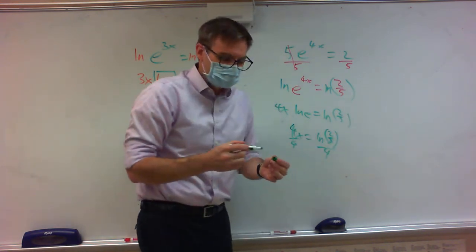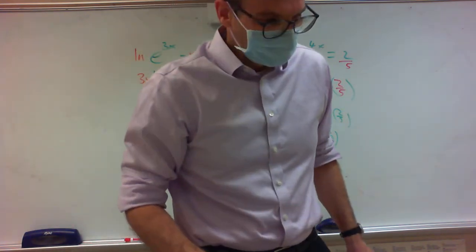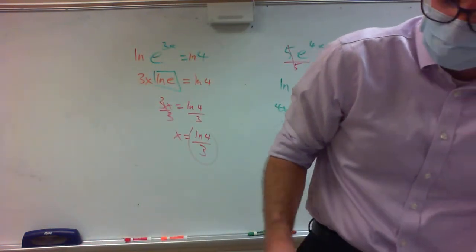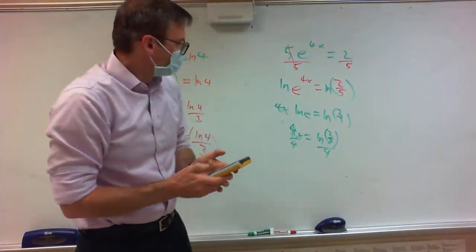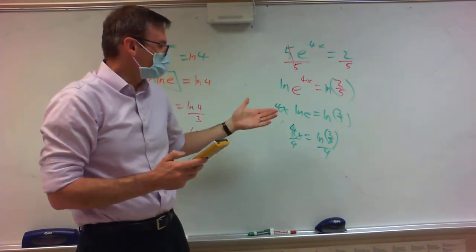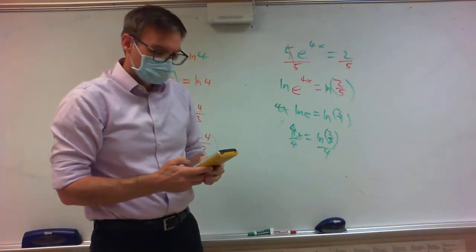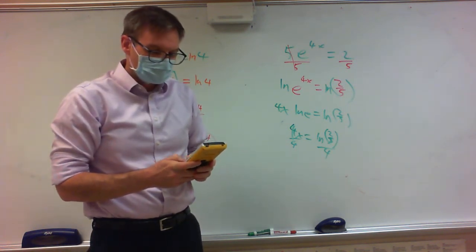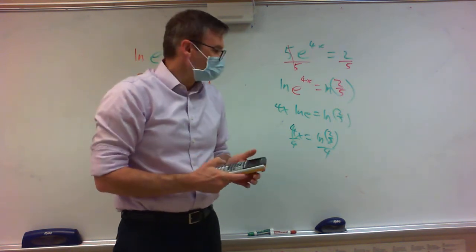Okay, everybody type it in your calculator. I want to make sure everybody's getting the right answer. I want to make sure everybody can practice typing this in. I'll do natural log of 2 divided by 5, all that divided by 4.